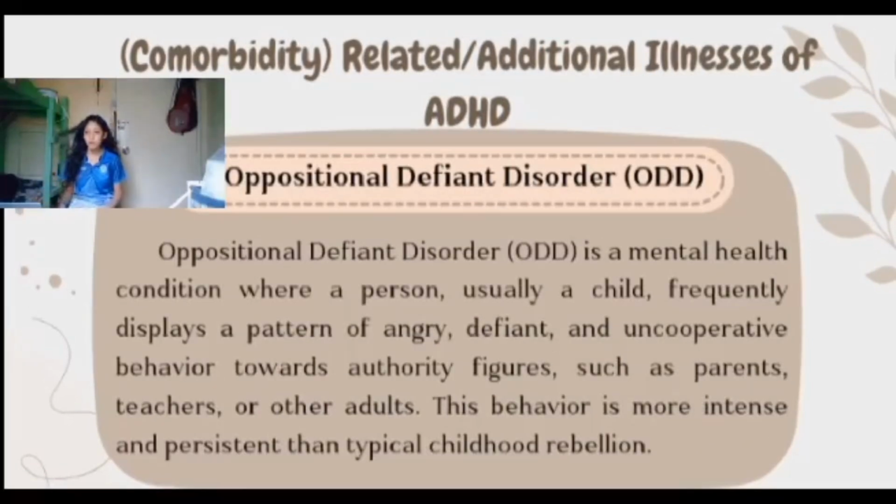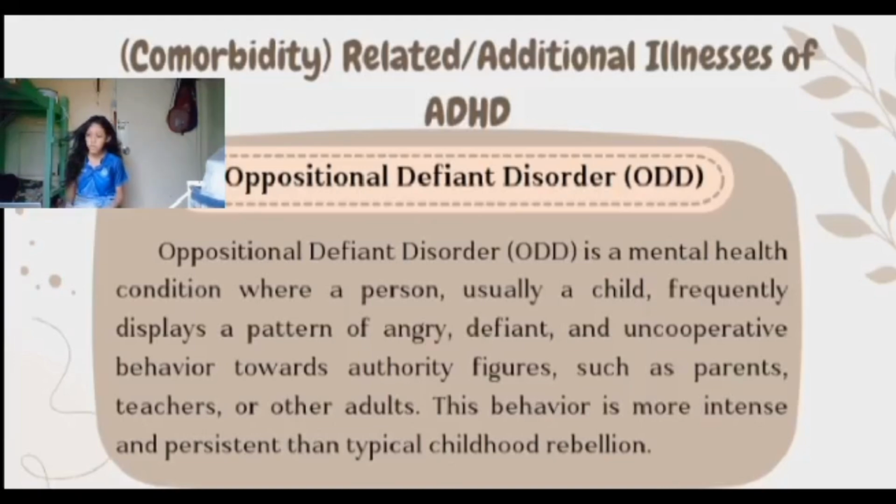Next is oppositional defiant disorder or ODD. It is a mental health condition where a person, usually a child, frequently displays a pattern of angry, defiant, and uncooperative behavior towards authority figures such as parents, teachers, or other adults.